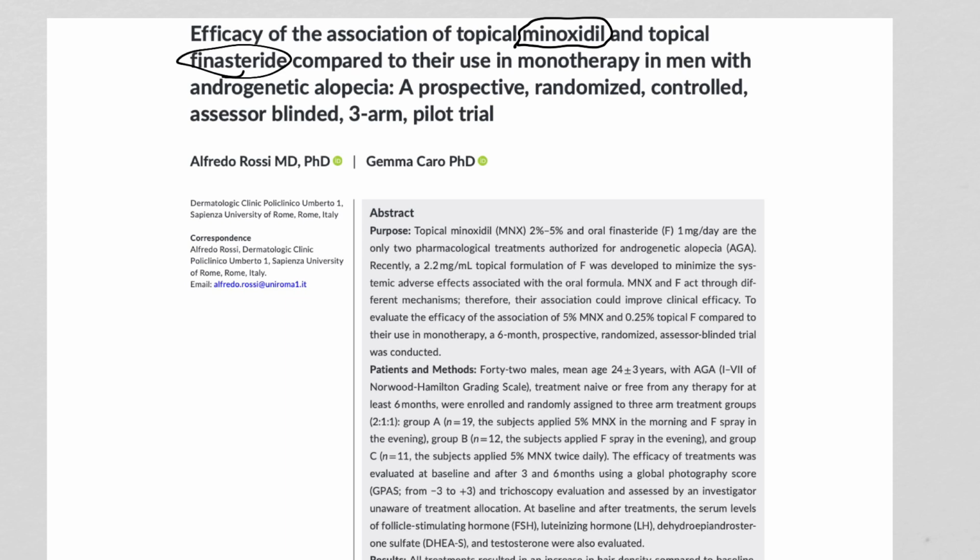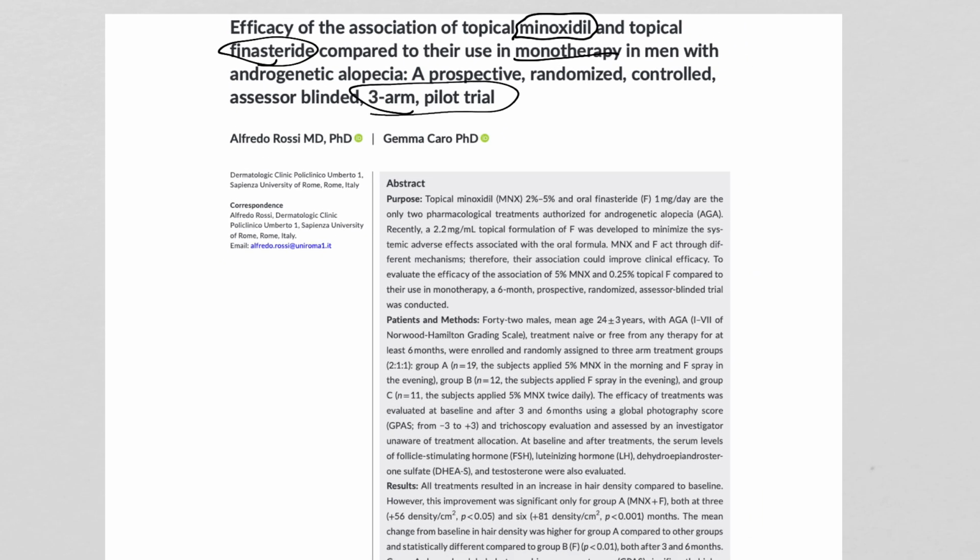And so I'll get to the mechanism in a little bit, but minoxidil works by a completely different mechanism than finasteride, and they're going to compare each of these drugs separately. That's the monotherapy. With the two in combination. So a 3-arm pilot trial, each drug on its own, and then the two in combination to see if they can have a combined effect at increasing hair growth.